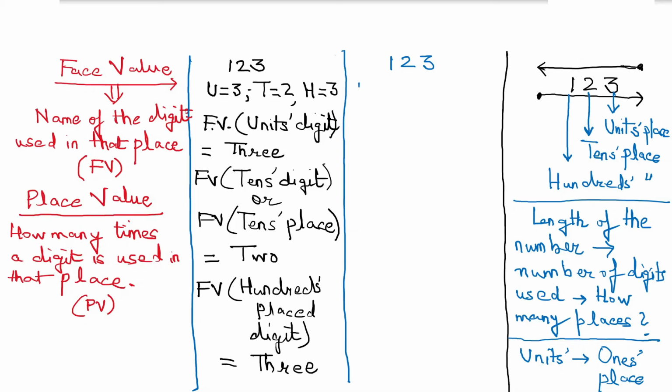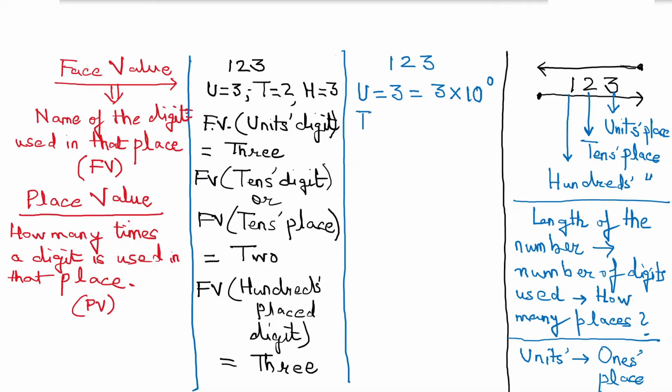In that case, I know that the units digit is 3, which will be written as 3 into 10 to the power 0, which is just like saying how many times that digit is used in that place. So it is only one time, which is 10 to the power 0, which is why sometimes we call the units placed digit the once placed digit.